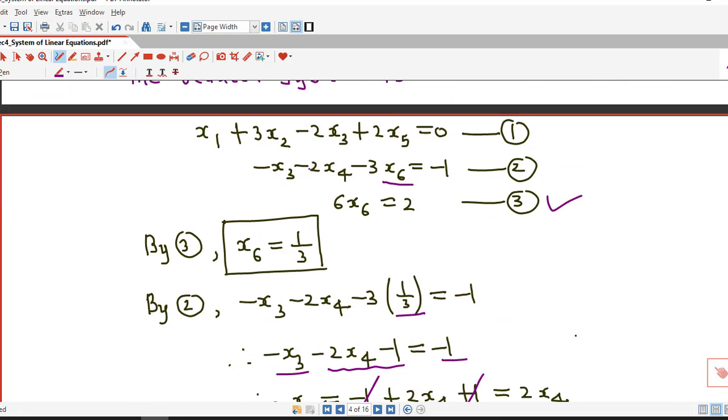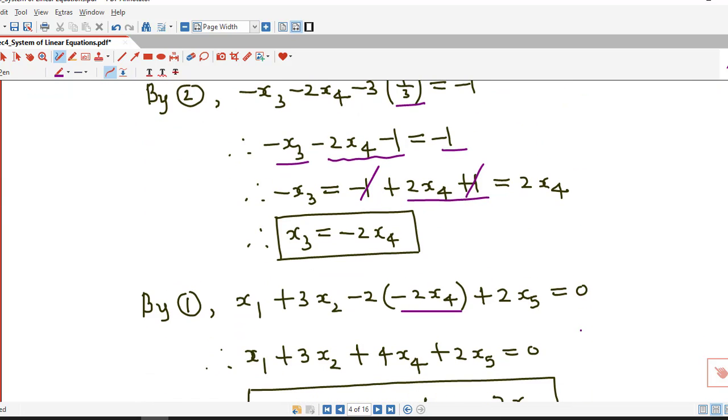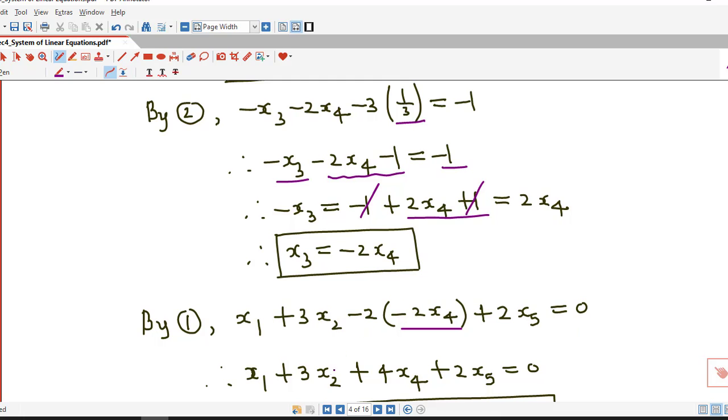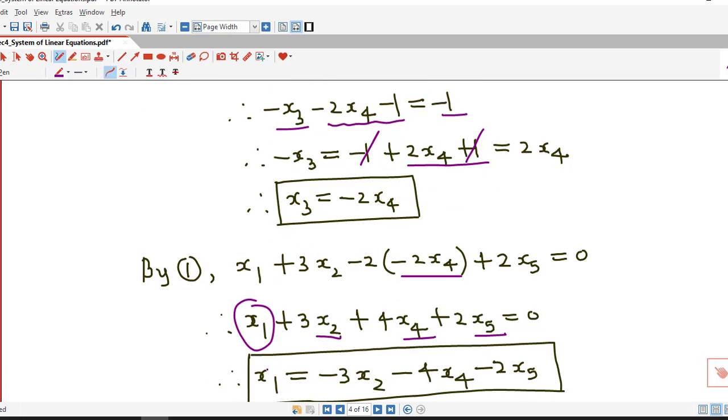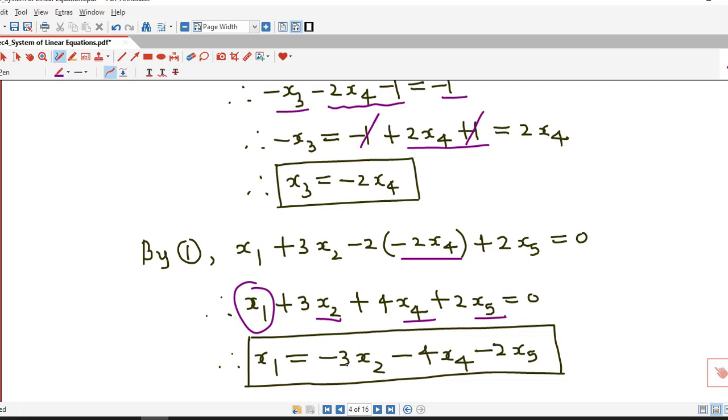In this equation, x2, x4 and x5 are free variables and x1 is a leading variable. So we express x1 in terms of x2, x4, x5. Therefore x1 is written as minus 3x2 minus 4x4 minus 2x5.